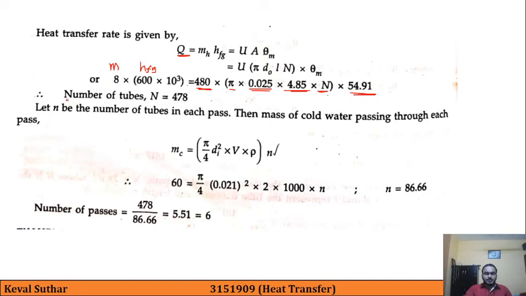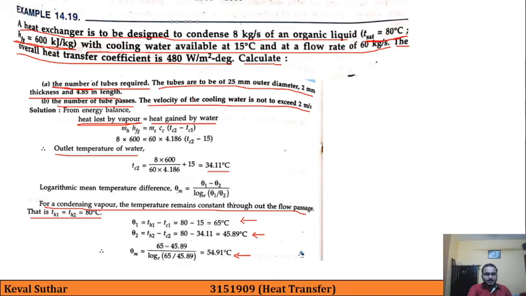So the number of tubes are now 478. So here we have calculated the first portion, that is the number of tubes which are required.